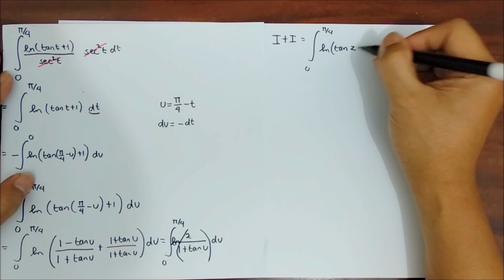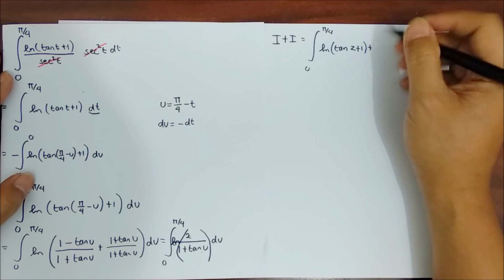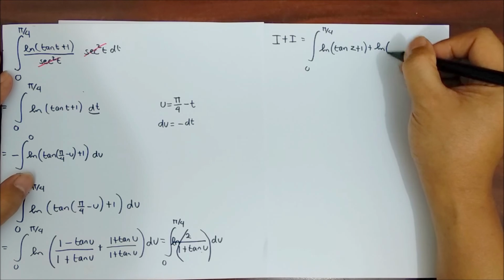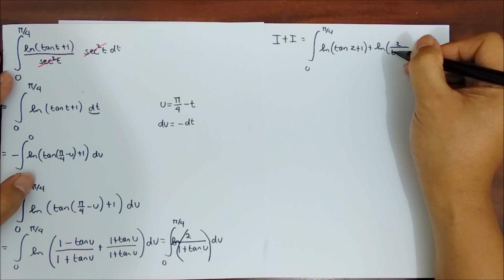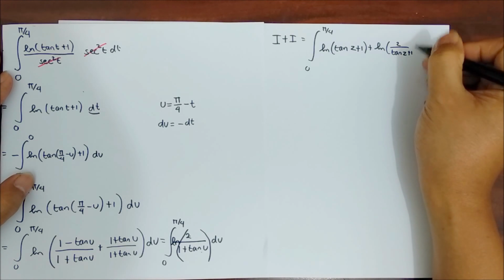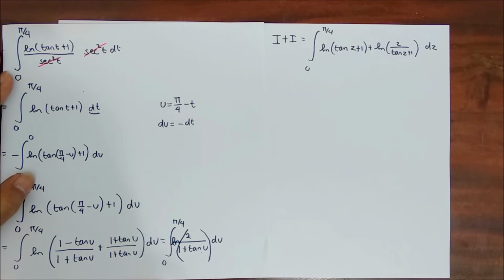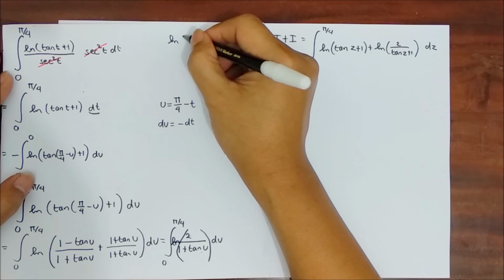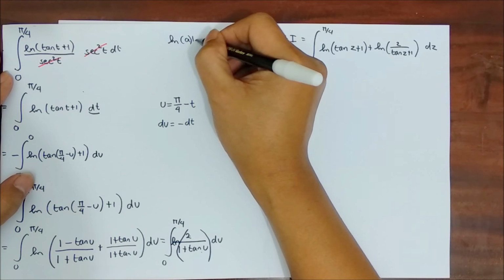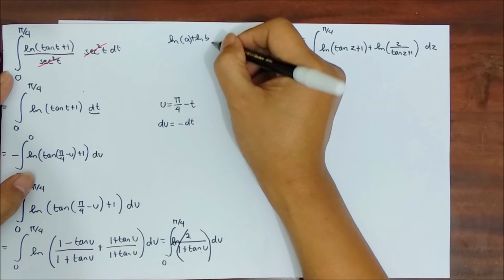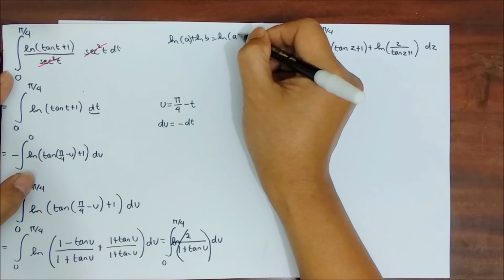So we have the integral of ln(tan z + 1) plus ln(2 over (1 + tan z)) dz. Recall the property that ln a plus ln b is equal to ln(a times b).